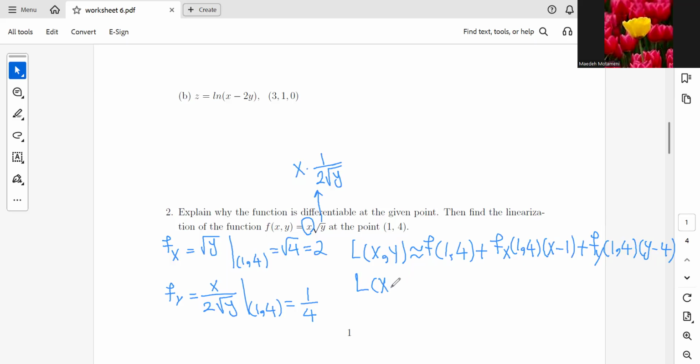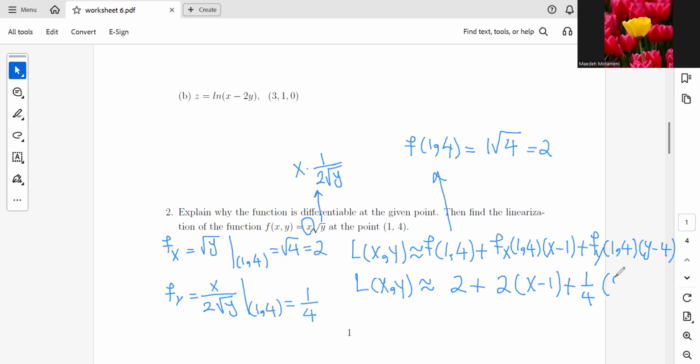So the linearization is approximately, in order to find f of (1, 4), we're going to plug in these two numbers. That would be 1 times square root of 4, which is 2. So here we write 2 plus the partial derivative of f with respect to x at the point (1, 4), which is 2, times x minus 1, plus 1 over 4 times y minus 4.